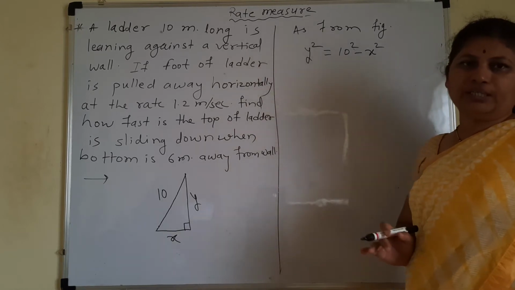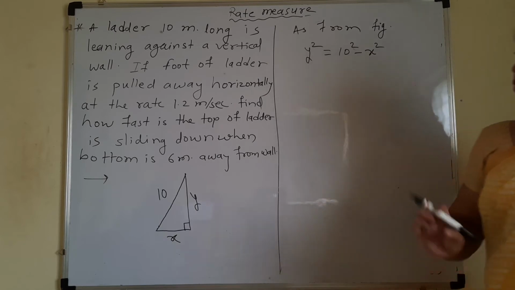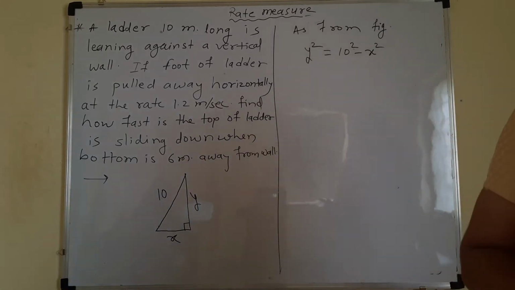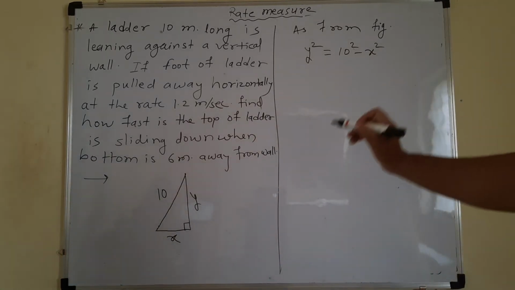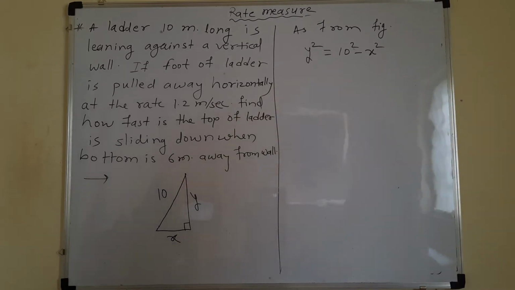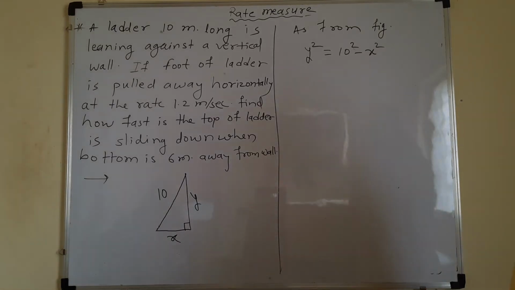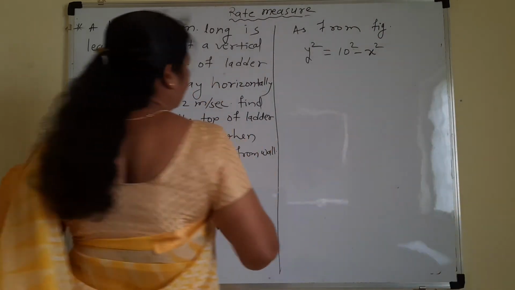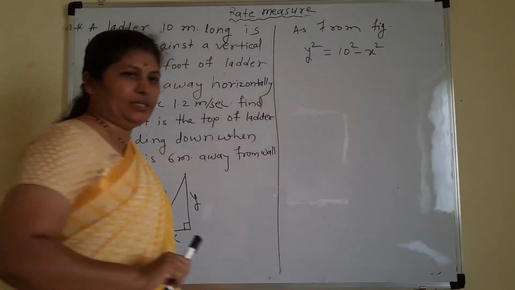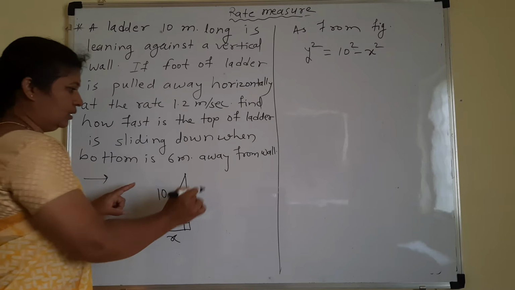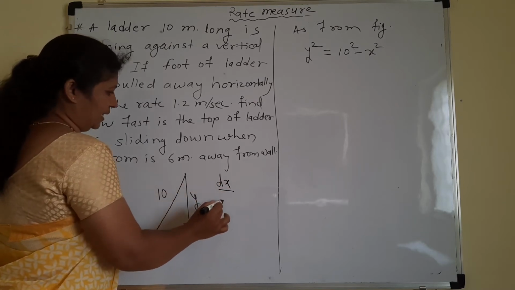We have to differentiate this with respect to time. So read this carefully first of all, then we can solve this. Again read it, look at this figure, look at the given things. Okay, this much is given. I will differentiate this with respect to time. Here given things are what? dx by dt.